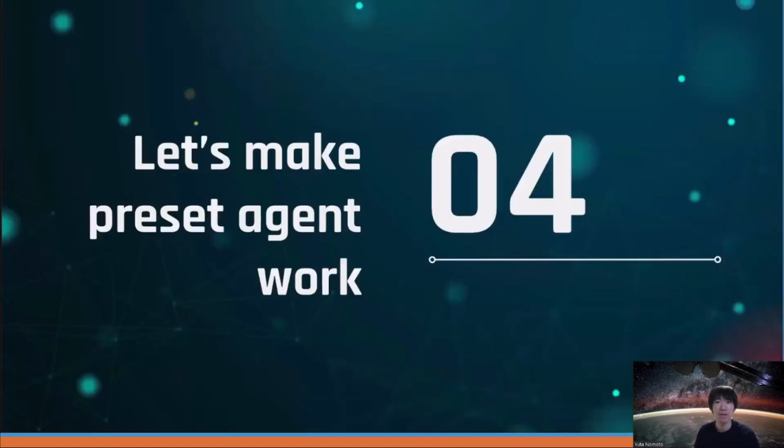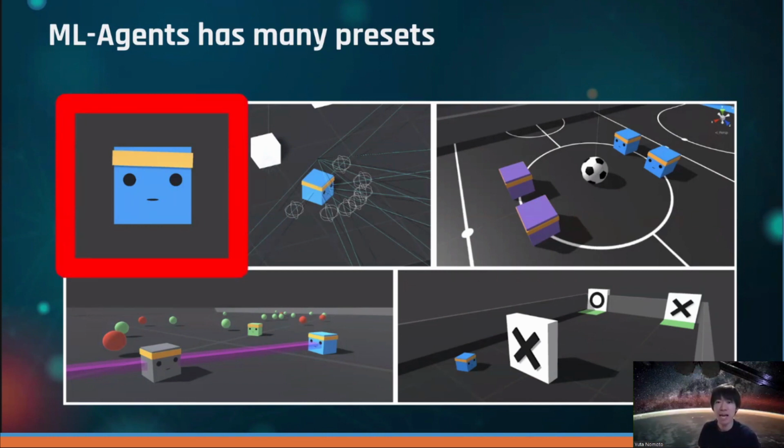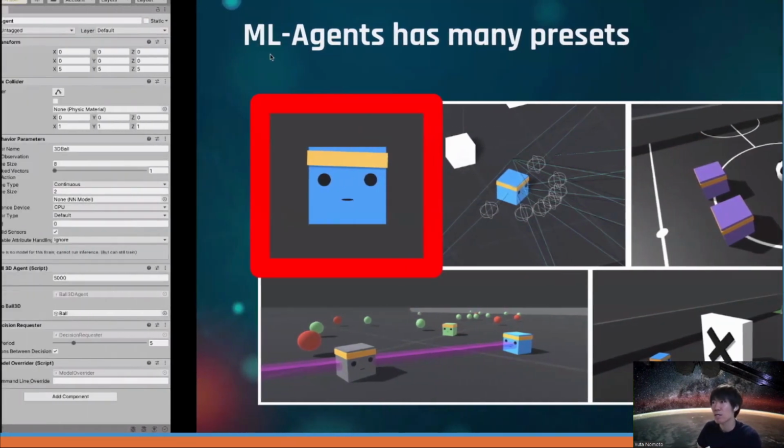Okay. So now that we understand what reinforcement learning is, let's dive into the sample demo. ML Agents has many presets that you can play with after installation. So today, let's have a quick look at 3D Ball at the top left. This one. Okay.